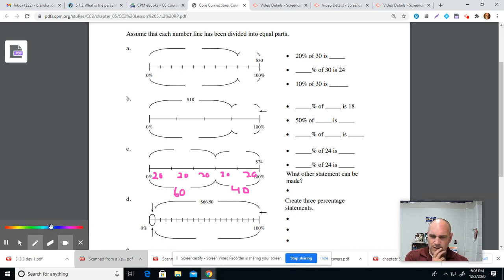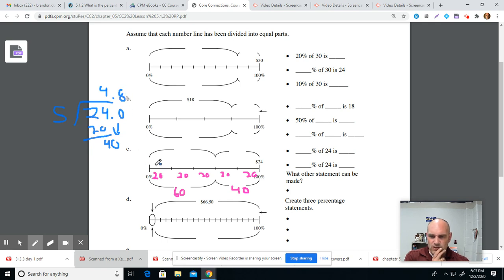And let's change colors, make it blue. So I've got 24, and this is 24 split up into 1, 2, 3, 4, 5 pieces. So let's see. 24 split up into 5 equal pieces is 4. That's 20. I get a 4, decimal 0, put my decimal for my answer. 5 goes into 40, 8 times.